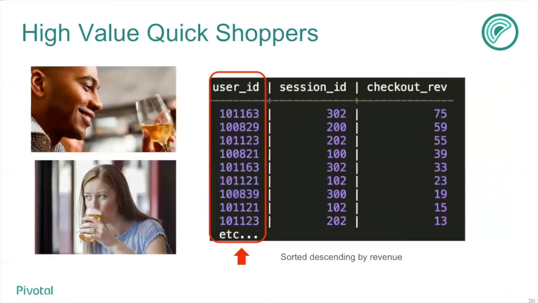So even if you could write the SQL to identify these quick shoppers, it would be very hard to make it performant for very, very large data sets. And we've implemented this primarily in C++ so that it scales across the cluster for extremely large numbers of transactions in the billions.